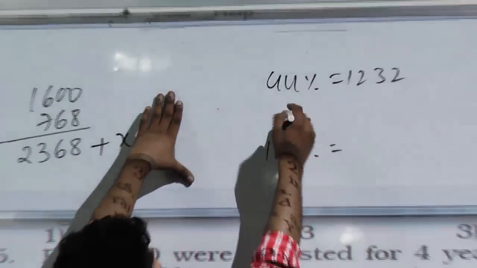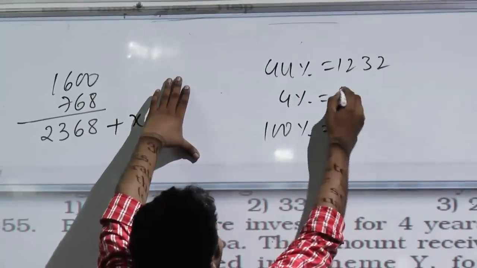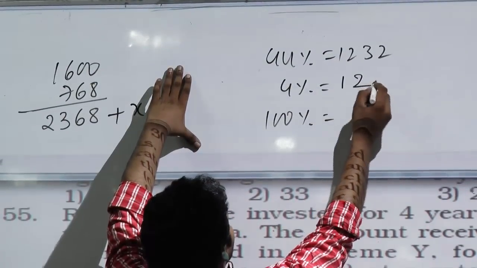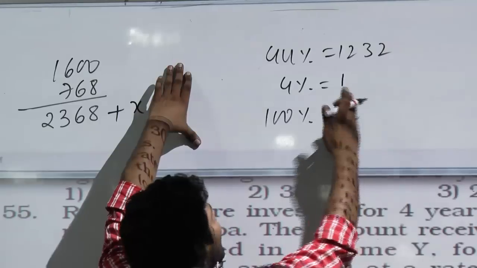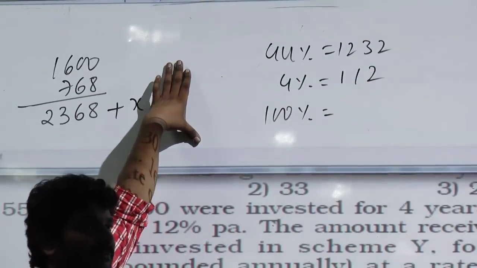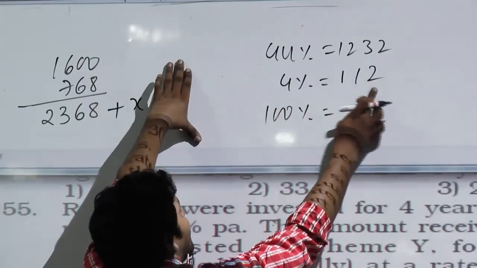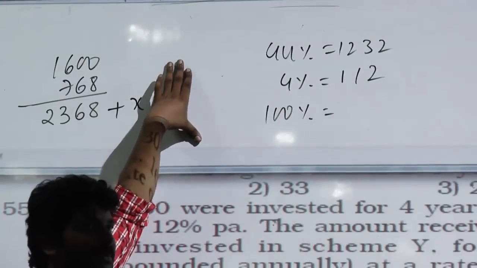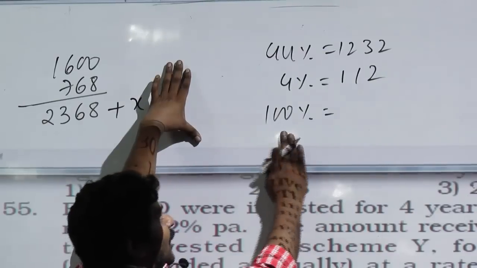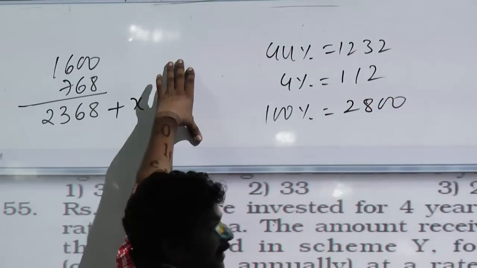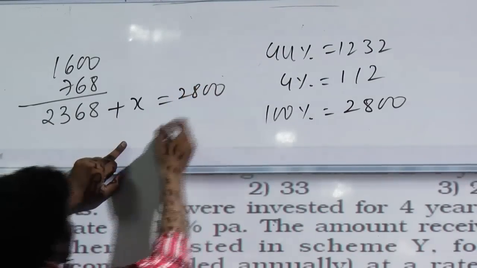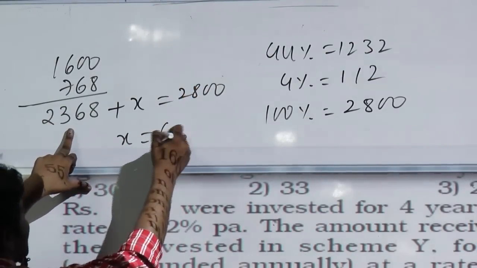Divided by 11, 4% is 112. 28 times, right? Yes or no? 100% will be equal to 2800. 2368 plus x is equal to 2800. x is equal to the difference between these two numbers, 432.